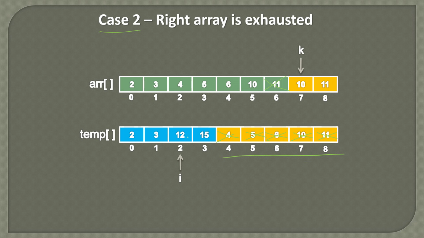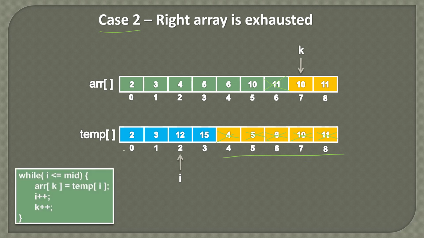So how do we do that? We provide a small code which is like this. So here you can assume that mid is this point and I will go till mid, and we simply copy the leftover elements into the respective places using I in the kth index.